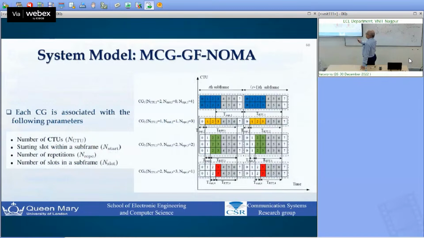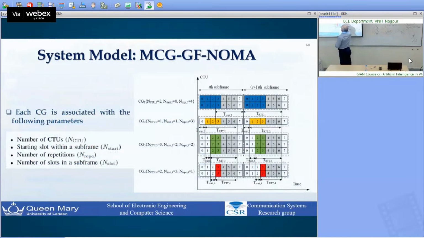Here you have 2 configuration grants, first row and second row. 2 CTU, first row and second row. Then we have the starting slot. This is one configuration grant with repetition 4. Here, if you take this configuration grant, we have 3 CTU, for example.